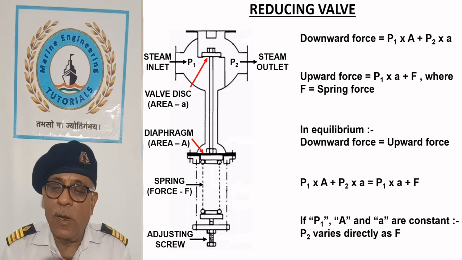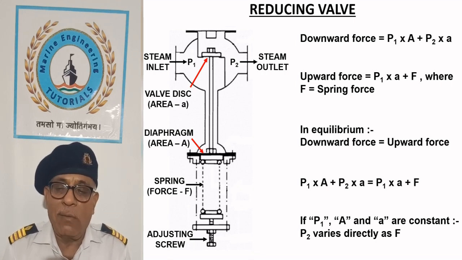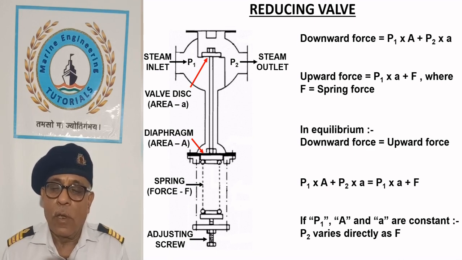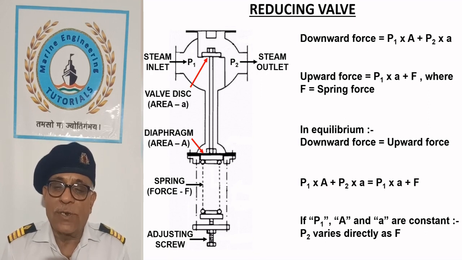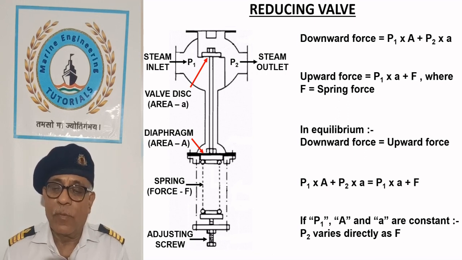Spring pushes the spindle tending to open the valve against the reduced steam pressure P2, acting on the area small a at the top of the valve. A decrease in pressure on the outlet side will allow the valve to be pushed open by the spring, whereas increase in the outlet pressure will close it, thus maintaining within the specified limits.